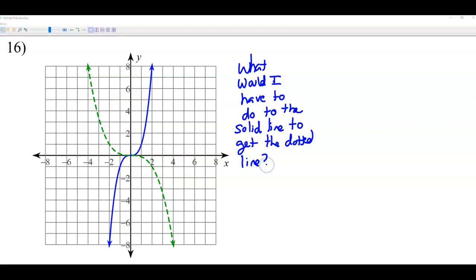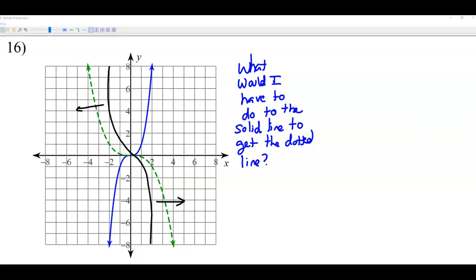What would I have to do to the blue line to get the solid line? Well, the first thing I would have to do is reverse it. So it would have to be going this way. And another thing it looks like I would have to do is it would have to get wider.